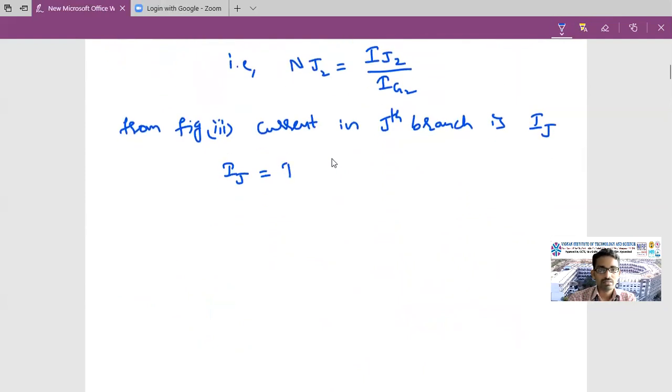That means the current supplied with generator 1 on, and the current supplied with generator 2 on.